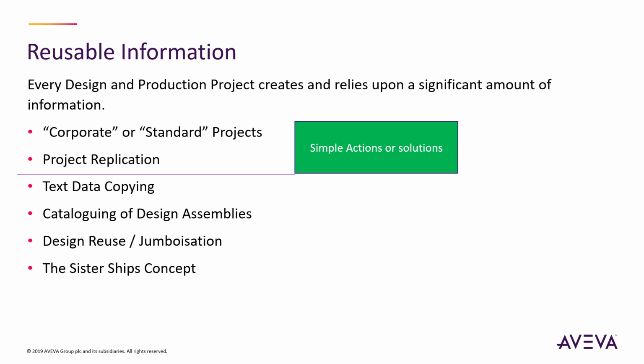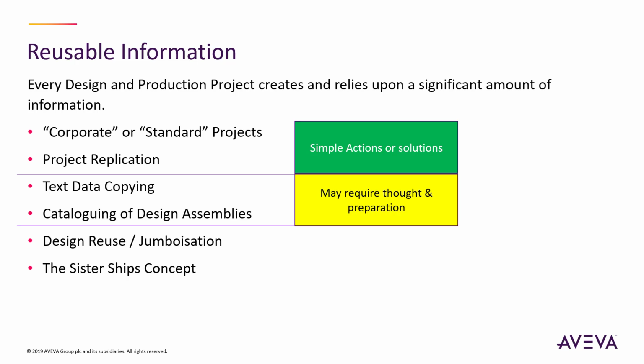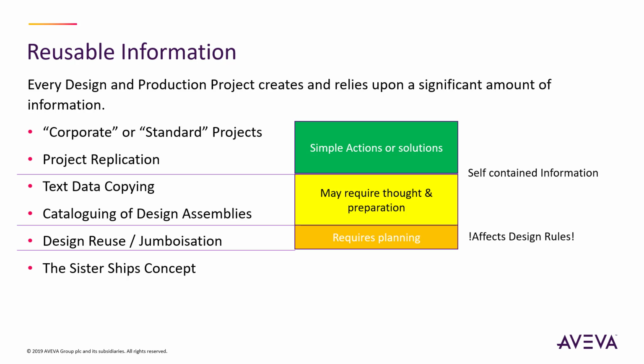So we can organize these as simple actions or solutions, some that may require some thought or preparation, and these are really self-contained solutions for working with information that's fairly self-contained. Then when we get to solutions such as design reuse and Jumboisation, these are ones that require planning. This is going to affect your design rules, particularly in the hull area, which relies so much on these rules, the rules capturing design intent.